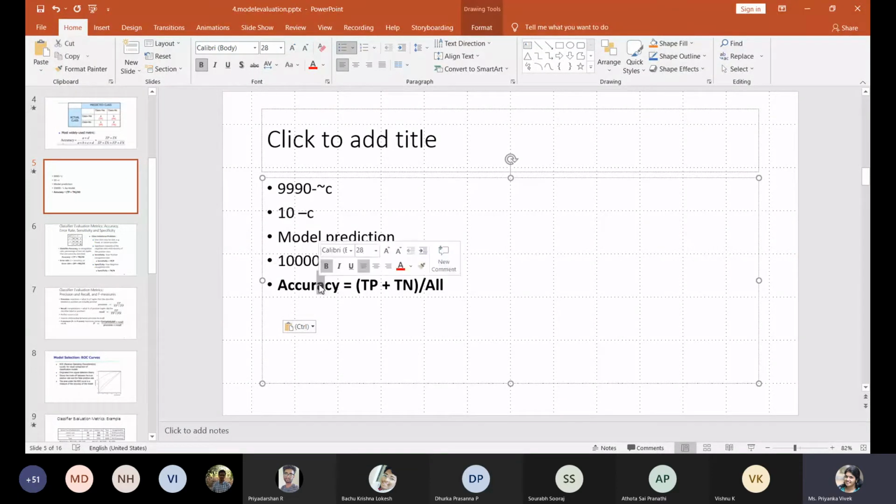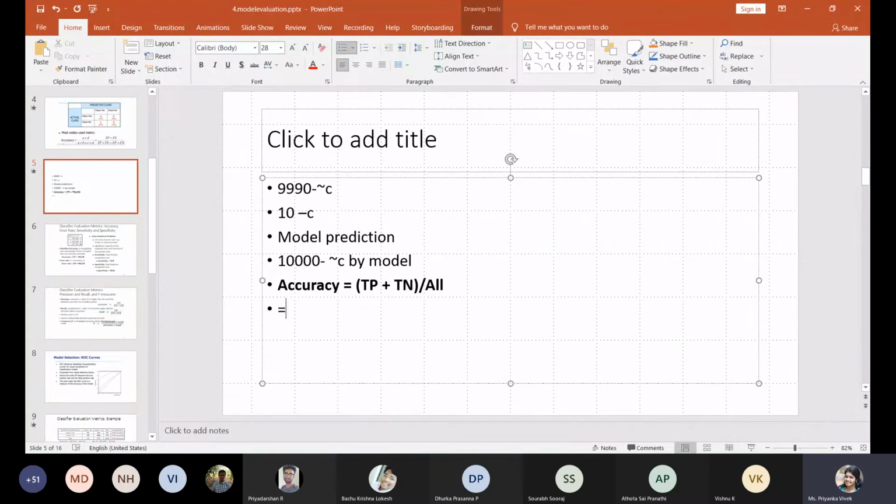Our model prediction, we know what is true positive, true negative. Can somebody tell me? True positive is 0, isn't it?